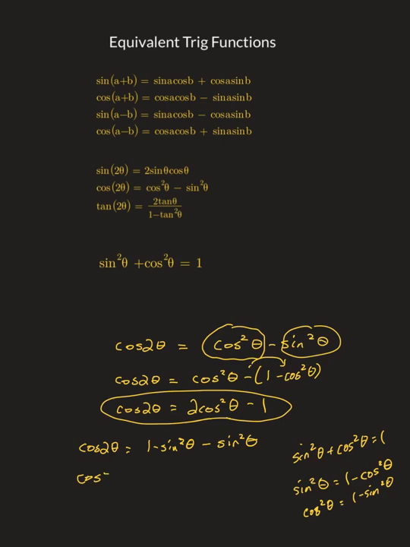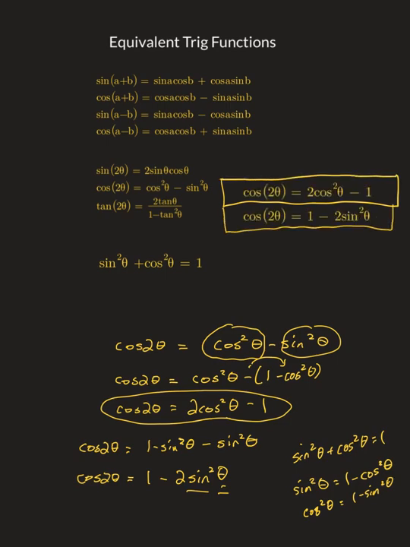So that's cos 2 theta simply equals 1 minus 2 sine squared theta. So we actually have 3 different ways to write cosine of 2 theta, and it kind of depends on whichever one's the most convenient at the time. That's the one that you would use.